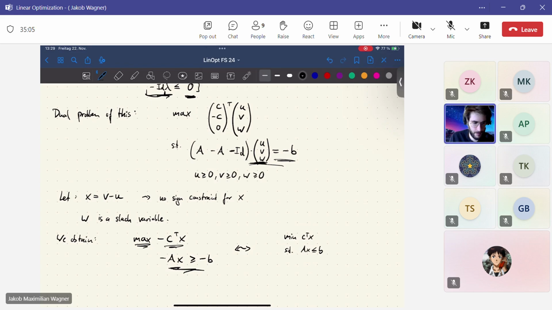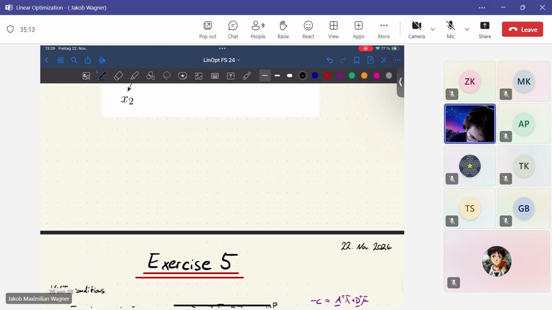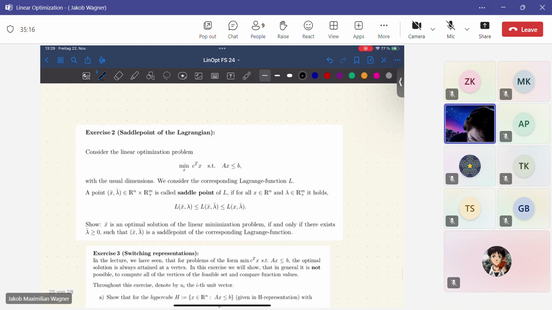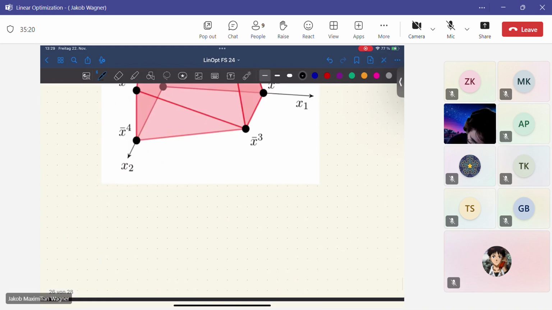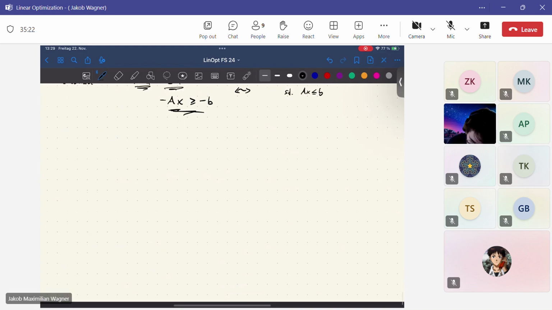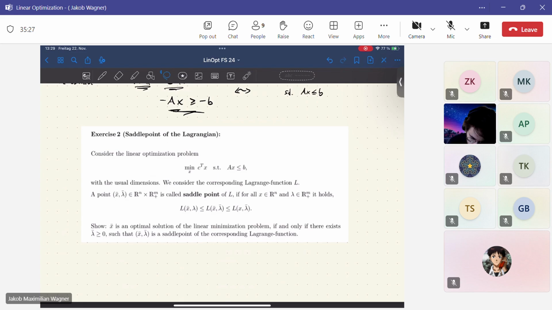What we want to do next is also related to this notion of the dual problem, and for this we introduce a helpful function that's called the Lagrangian. So we again have our standard problem, minimize c transpose x subject to Ax less or equal b.